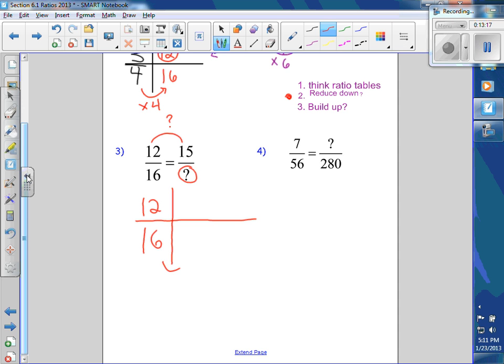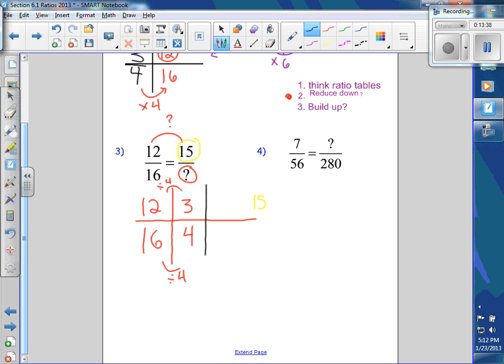Sometimes reducing helps. I can divide both of these by 4. So when I divide by 4, I get 3 and I get 4. And my goal is to get a 15 on the top. I want to get a 15. So how do I do that?